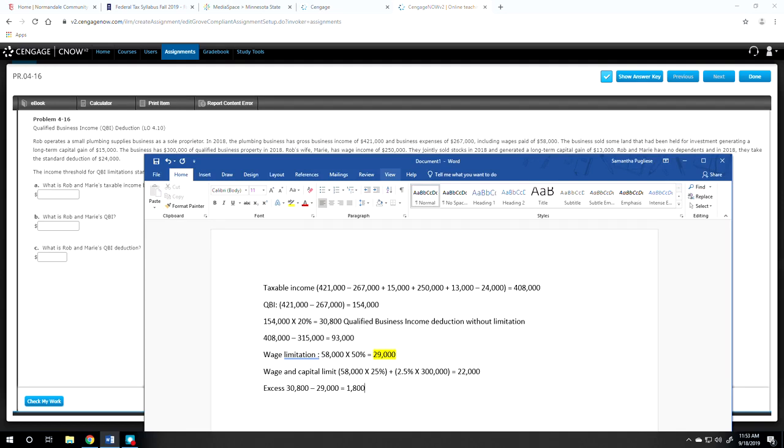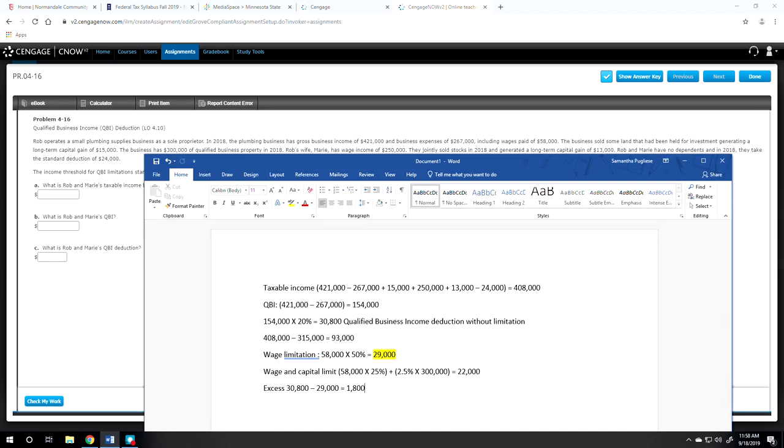Okay, because their taxable income exceeds the $315,000 by $93,000, then there's one more thing that we have to do. And I'm just trying to find... Okay, sorry, I had to stop and find what I want to reference for you.